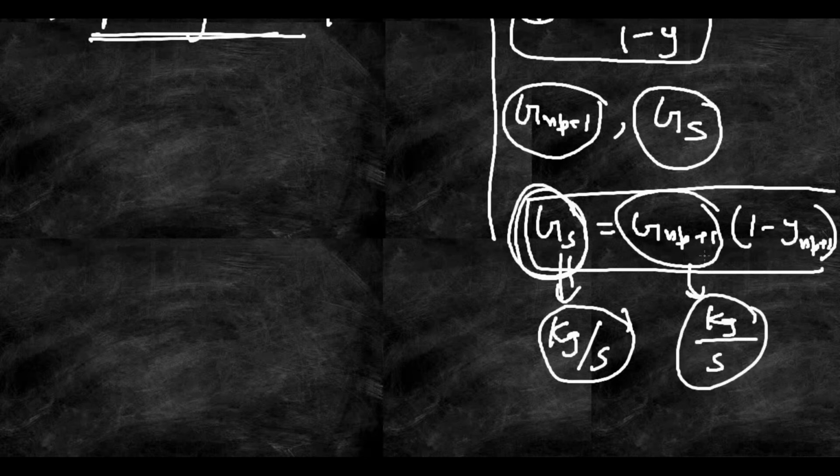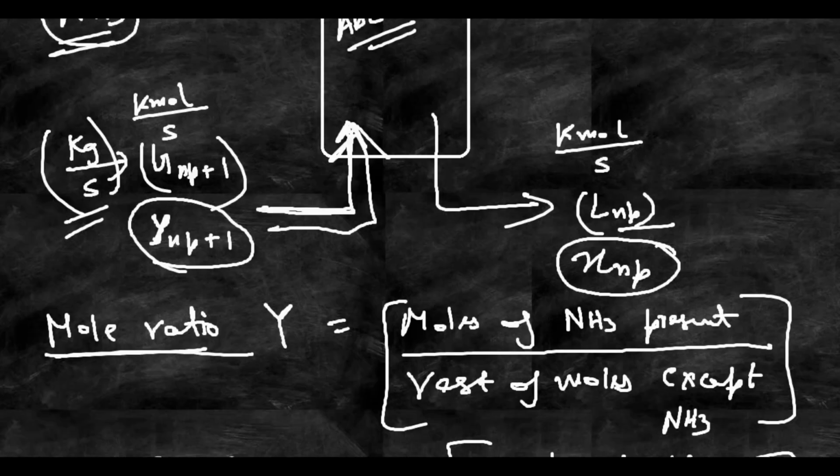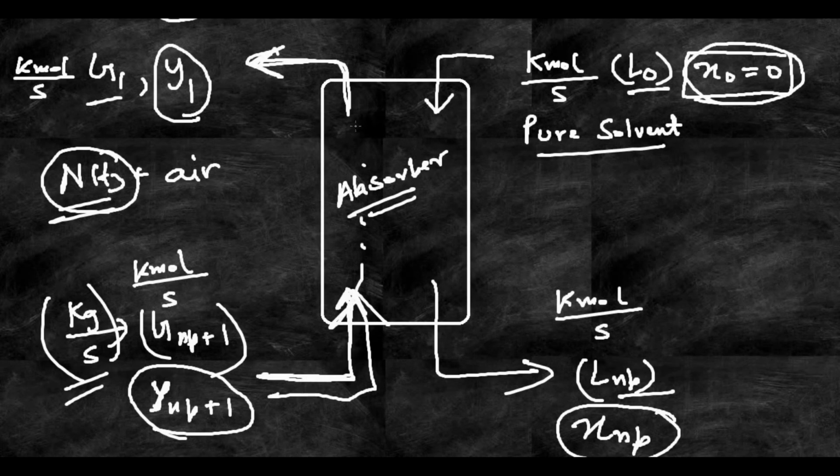What matters is this G(NP+1) takes into account both air and ammonia, but this Gs takes into account only air. It excludes the solute. So this is what is important. Another thing is, this Gs is constant throughout because air is not getting absorbed. What is getting absorbed is ammonia. So the air flow rate will be constant throughout the tower.